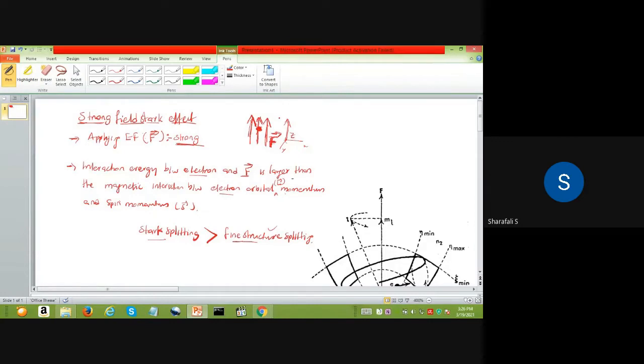The effect of this homogeneous field, parallel to the z-axis, on an electron moving in a Kepler orbit is different from that of a magnetic field.